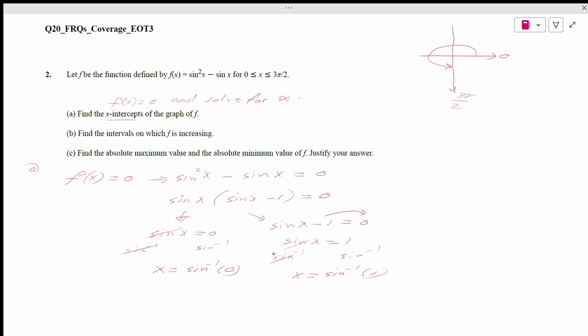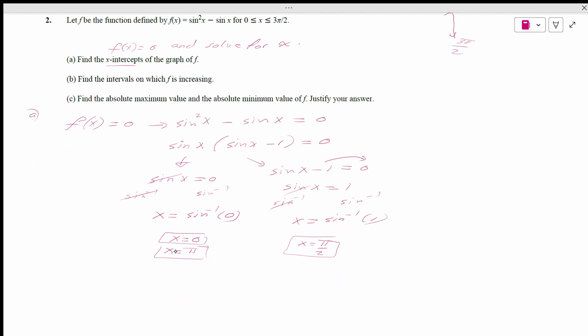So that is x equals 0 or x equals pi. And notice that those 2 x values lie in this domain from 0 to 3 pi over 2. Now which angle has sine of 1? It's pi over 2. So we have 3 x-intercepts for the given function on the given domain. X equals 0, pi, and pi over 2.